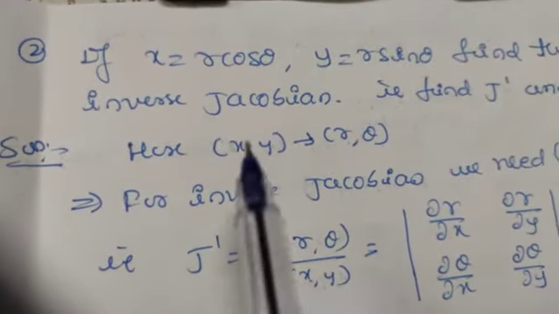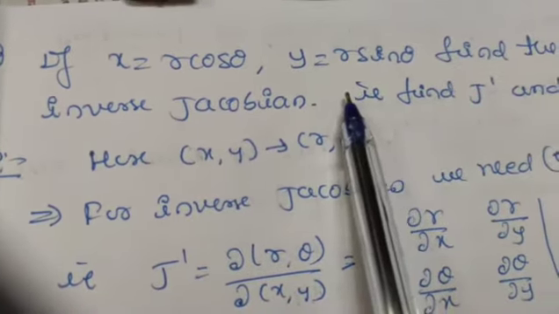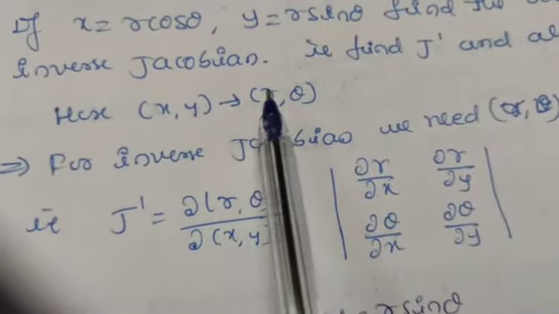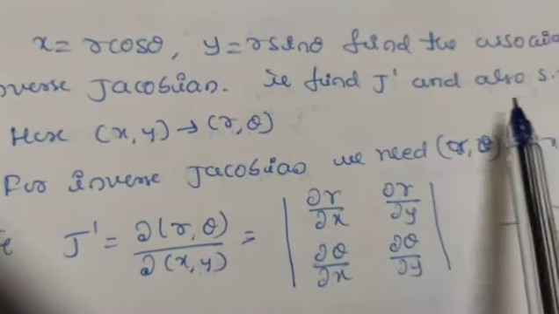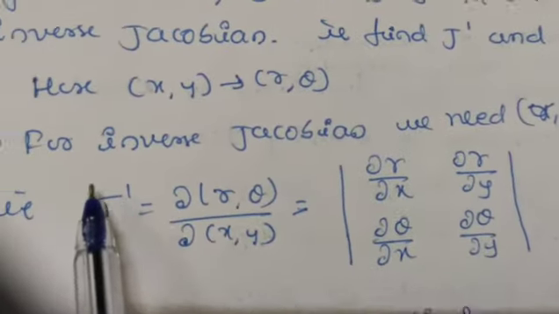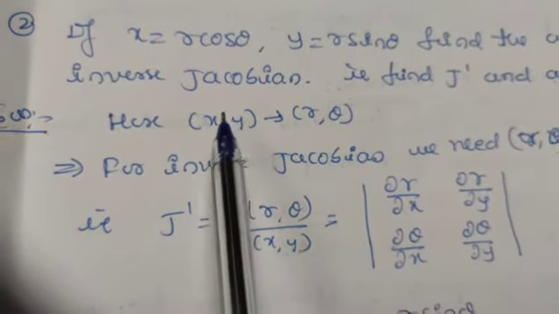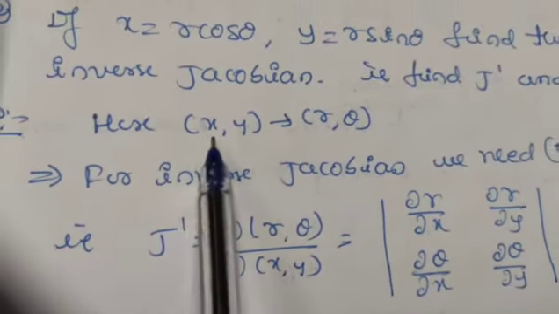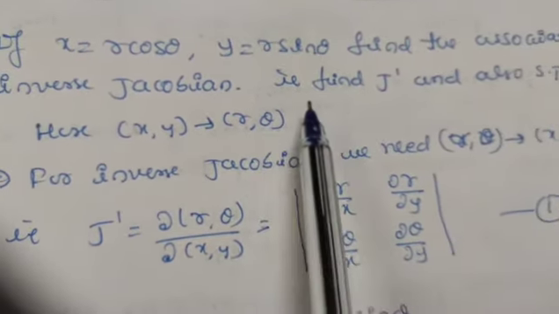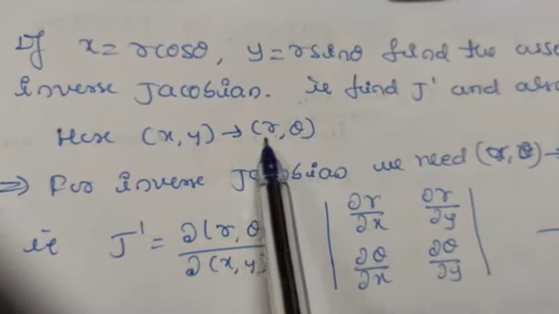Let us take one more example. If x equals r cos theta and y equals r sin theta, then find the associated inverse Jacobian, that is J dash, and also prove that J into J dash is equal to 1. This example comes under the second property, that is, x and y are in terms of r and theta, and we are asked to find the Jacobian of x comma y divided by r comma theta.